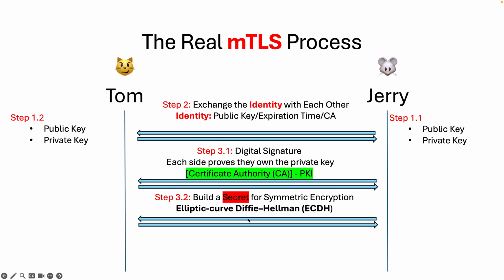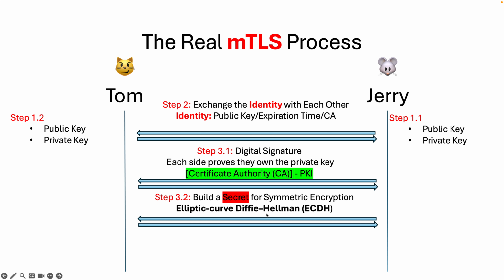And here, step 3.2, mTLS uses another one-way math function to build the shared secret for this session. Let's be clear. Although I marked them as two steps, step 3.1, step 3.2, these two steps are happening at the same handshake.